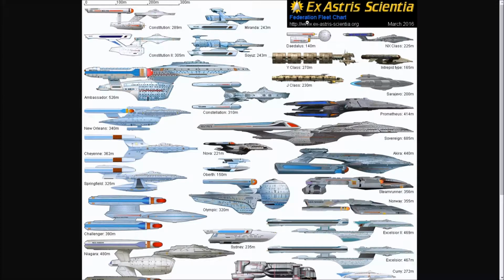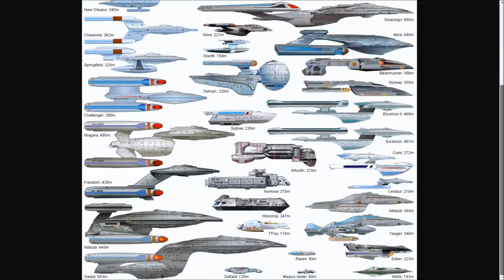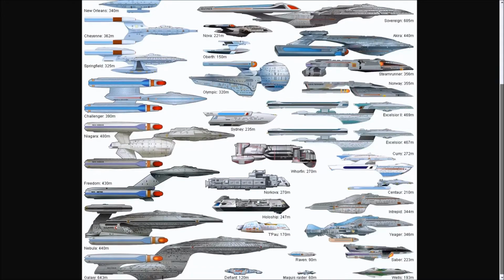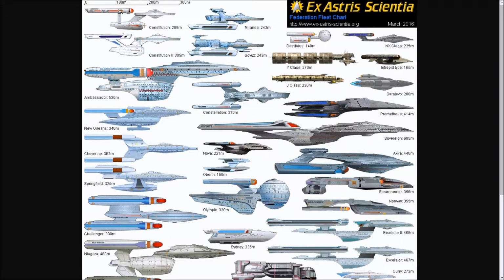This Federation fleet chart was made in March 2016, but it shows you a lot of the canon Starfleet ships, and I don't think it shows us any non-canon ones, or as far as I know, but you can generally see what I'm talking about here. So at the top left here, we've got the Constitution class, and there's some size measurement, 289 meters. The Constitution 2, or the Constitution refit, as some like to call it, 305 meters.